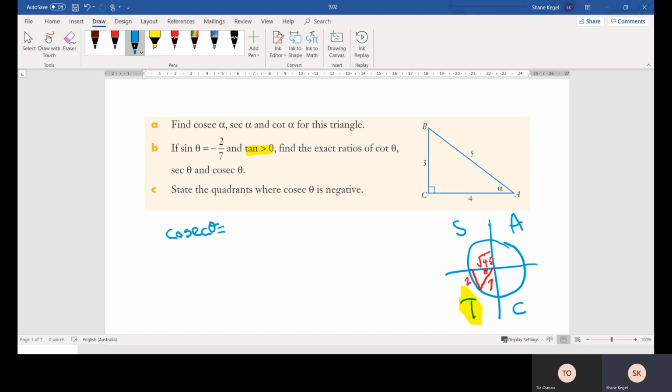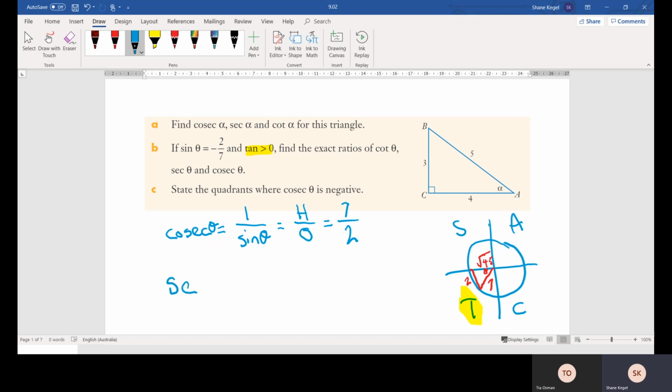Cosec theta is our inverse of sine, so we take sine and flip it upside down. Sine is usually O over H, or in this case, because we're inverting it, H on O. That gives me my hypotenuse 7 and my opposite 2, so it's the opposite fraction to sine, as you can see from the original question.